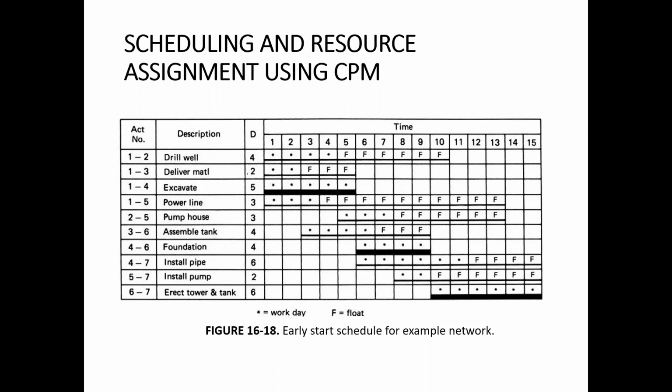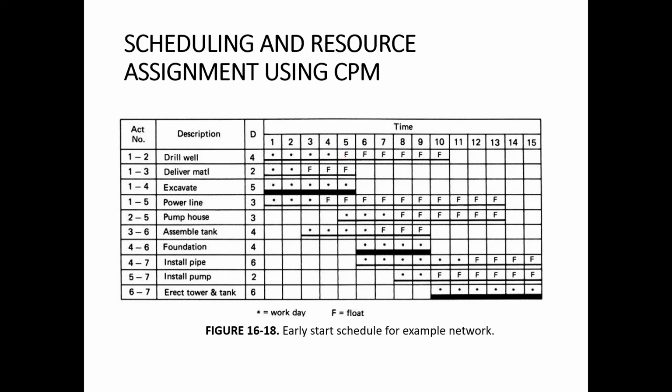Remember that we have represented drill well between its early start and late finish time, but it has only 4 weeks of work. So if we start work on this activity at the earliest, it will take only 4 weeks to complete. These have been represented over here with the asterisks, and the remaining part of this activity has been represented with the letter F, because it has a float available.